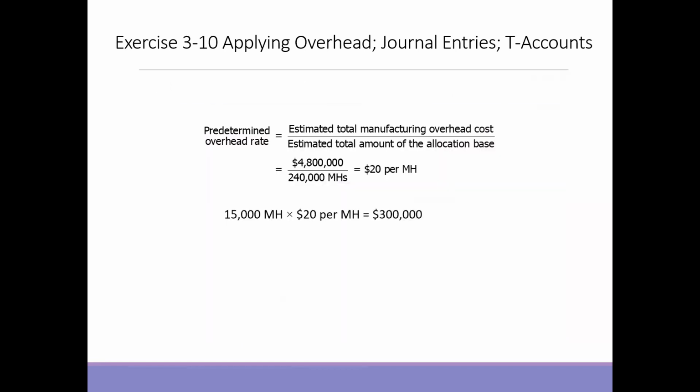How do we determine the predetermined overhead rate? Estimated manufacturing cost divided by estimated machine hours. Got it? Remember, the predetermined overhead rate is estimate divided by estimate. What we apply is the predetermined times actual.